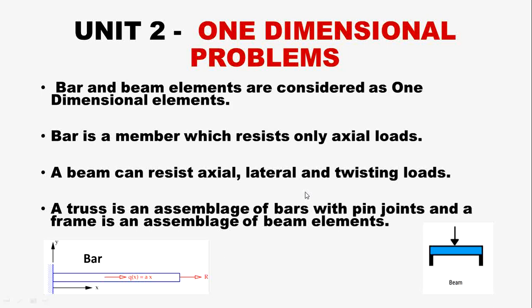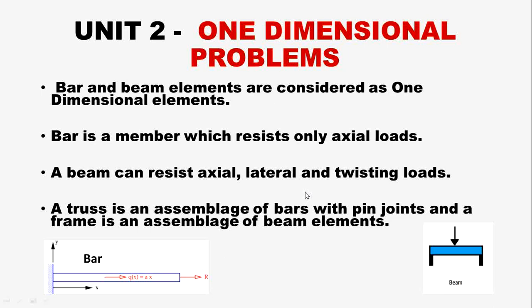In one-dimensional problems, the very first terms are bar and beam. Bar and beam elements are considered one-dimensional elements, which we often use to model frame structures, trusses, or whatever it is.